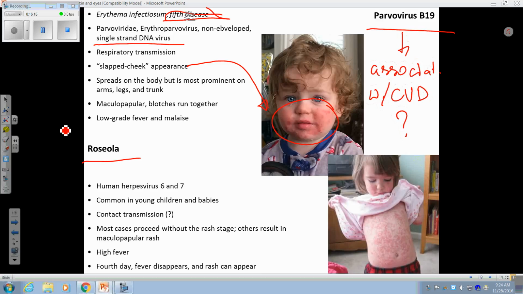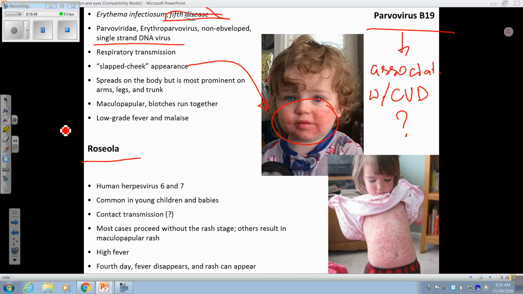We look at a cohort of people with CVD, cardiovascular disease, and without, and we look at the antibody levels to parvovirus B19, and we see that patients with CVD generally have either higher levels or more of them have antibodies than patients without CVD. So there's a positive correlation between the infection with parvovirus B19 and cardiovascular disease.